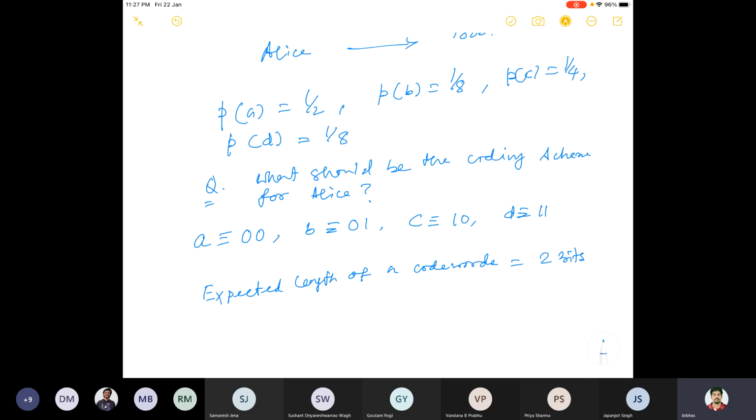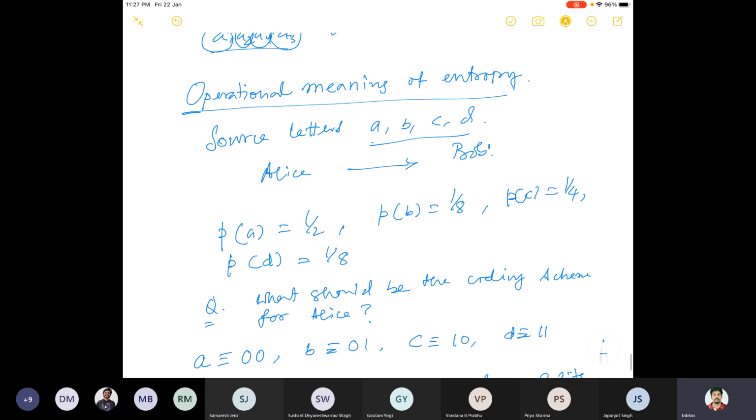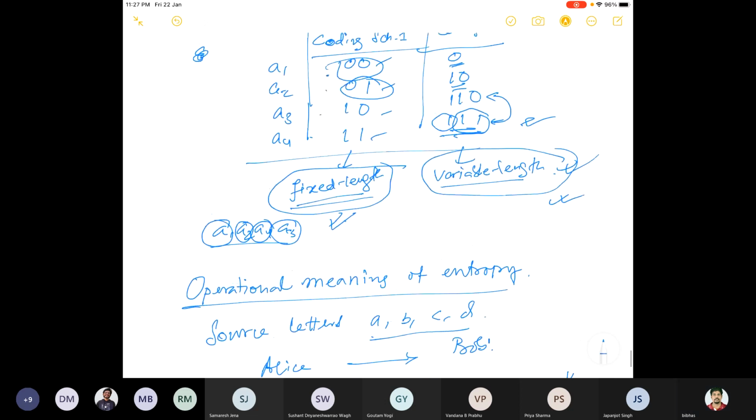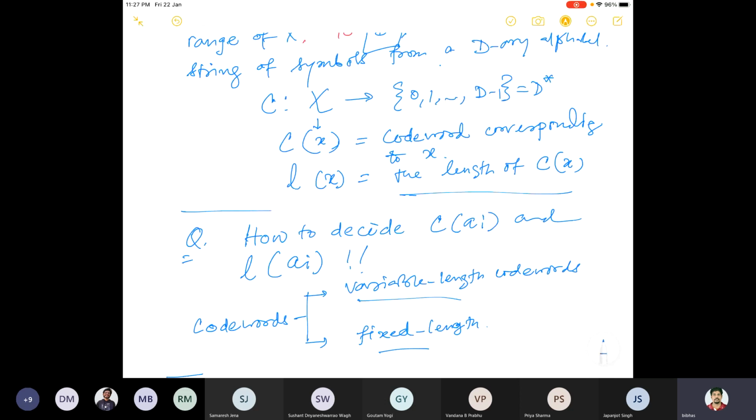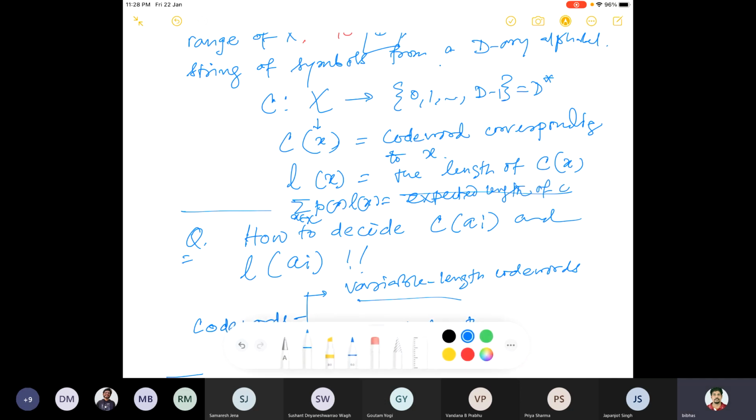What is the expected length? So it is p_x times l_x. I did not define it maybe. Length and expected length here I can define: p_x times l_x, summed over all x, is my expected length of the code word.